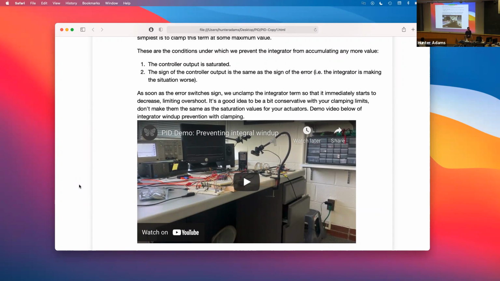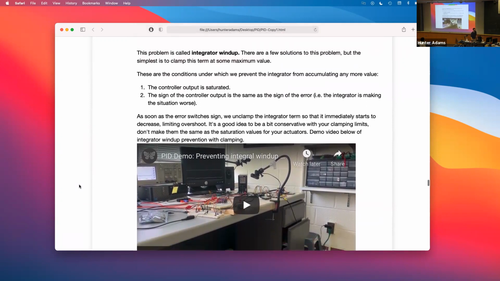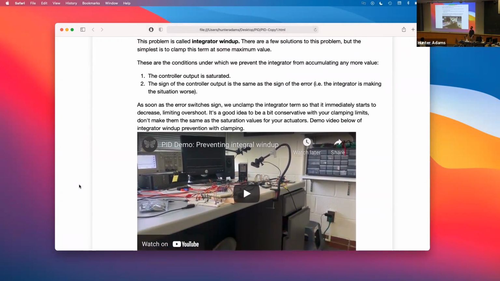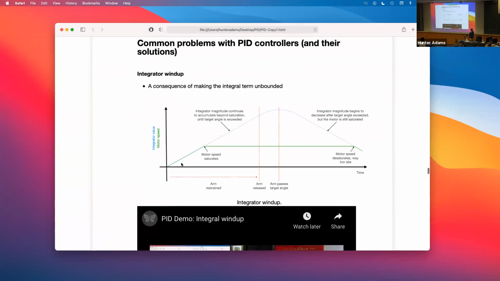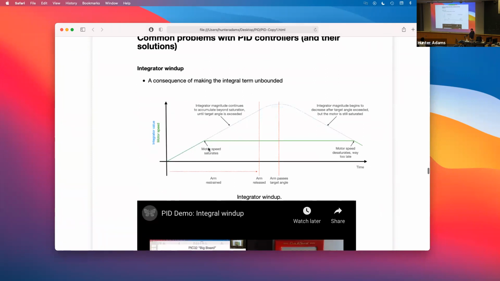If instead we said the integral term is going to be equal to the minimum between our summed up errors and some maximum value, so that it can't keep counting up to infinity like shown here, right? We instead cap it somewhere.